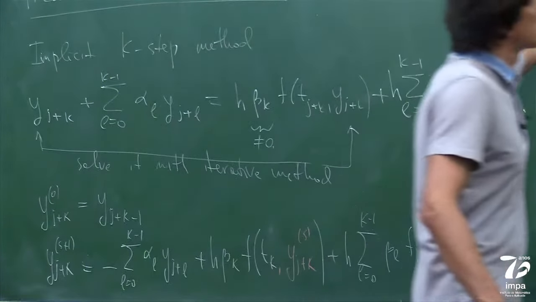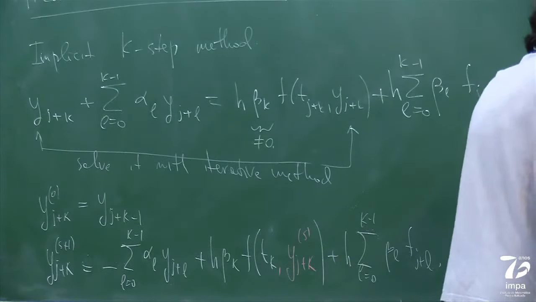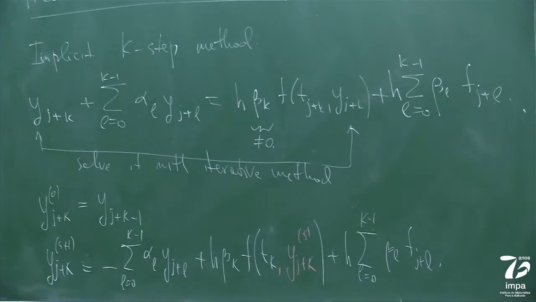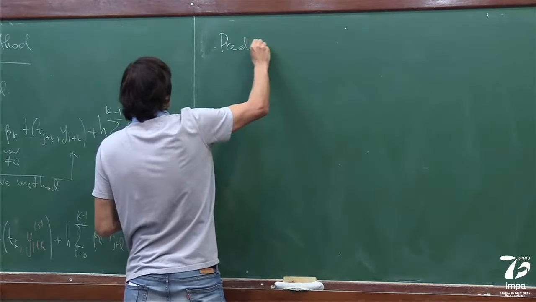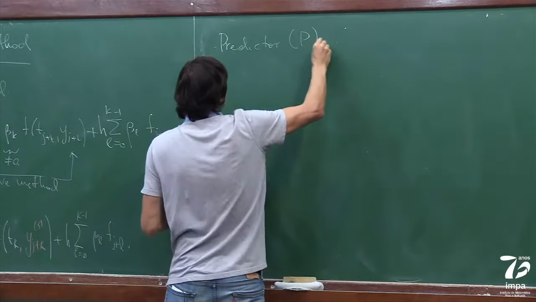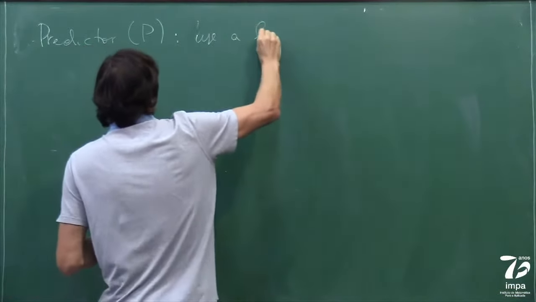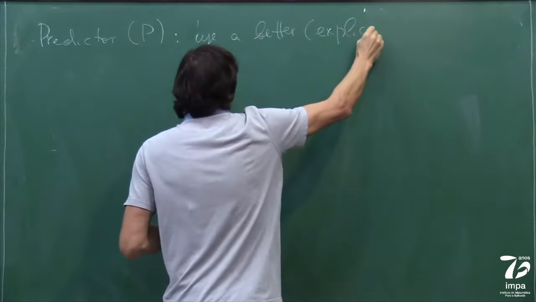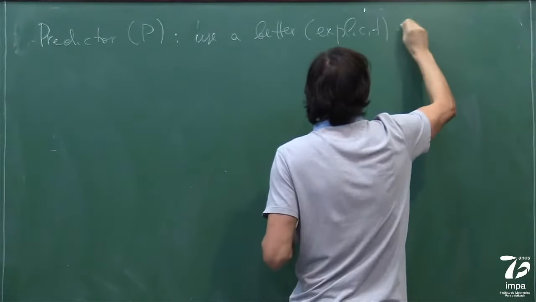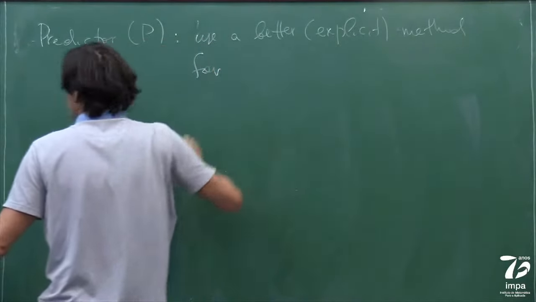How you do it is, you have a predictor step, P. For the predictor step, use a better explicit scheme, a method for the initial guess.